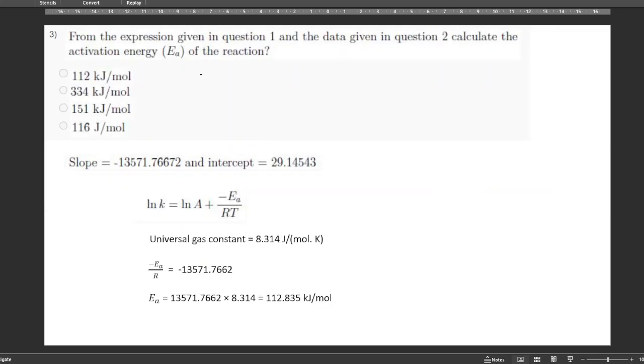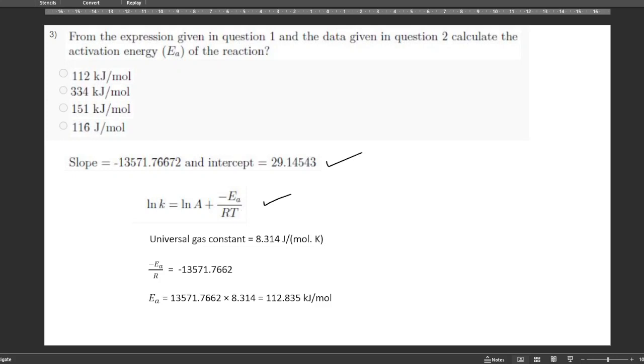So what's the third question? From the expression given in question 1 and the data given in question 2. The expression given in question 1 means the Arrhenius equation, and the data given in question 2 means the slope and the intercept. So using these two we have to find the activation energy. As I told before, it is the slope.